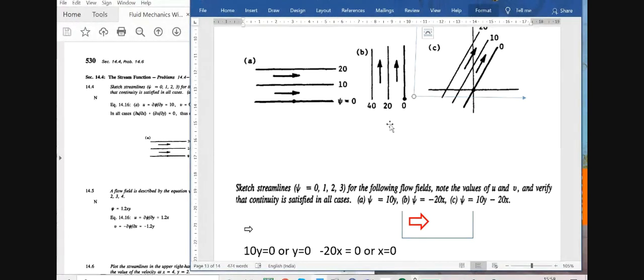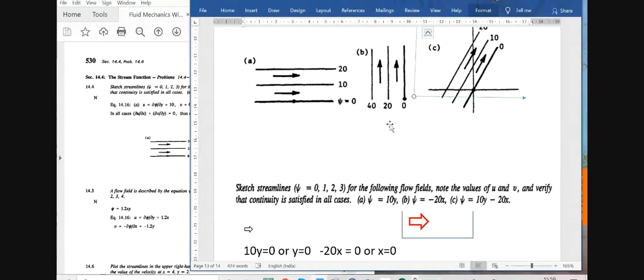Which sign? Which quantity is positive? Y value can be anything. See, look at our calculations. What did we calculate? Exactly, u is the value.